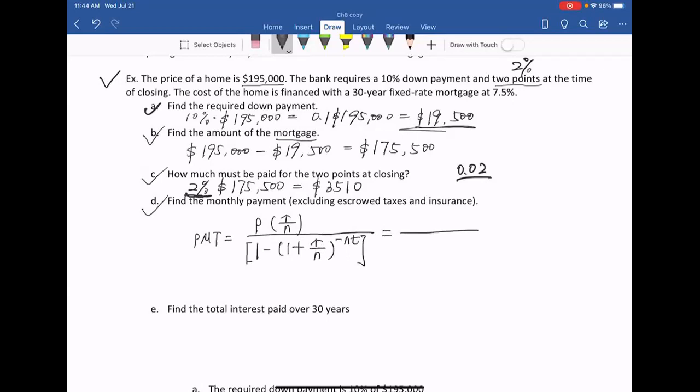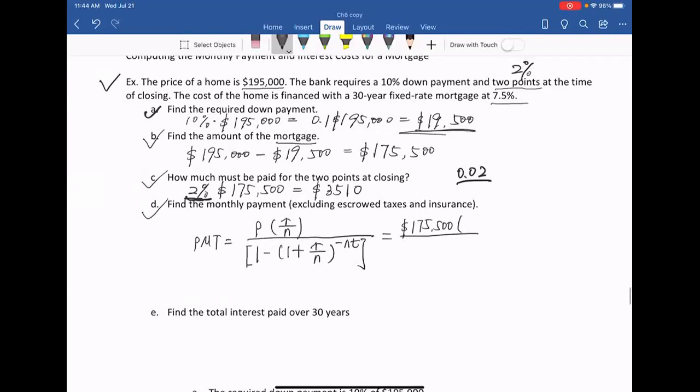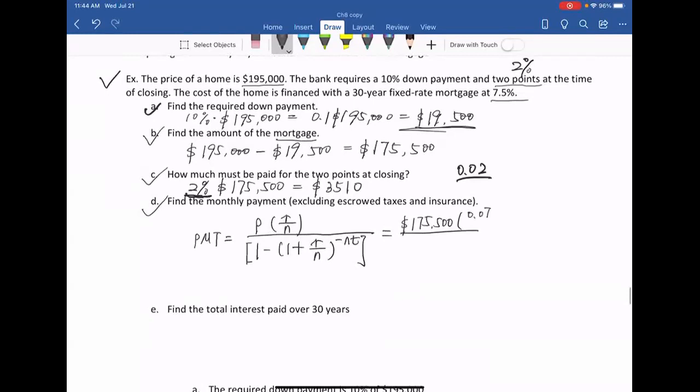The P is the mortgage, which is 175,500 times the rate, 7.5%, 0.075, over N. N is 12 because you pay monthly. Divide by 1 subtract 1 plus 0.075 over 12, to the negative N, which is 12, T is 30 years, so 30.